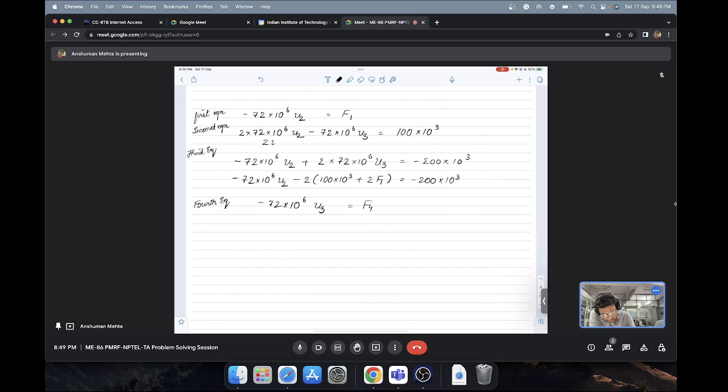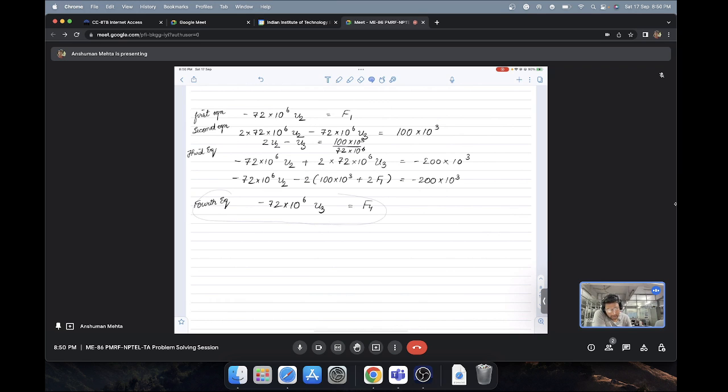So 2 u2 minus u3 is equal to 100 into 10 raised to power 3 by 72 into 10 raised to power 6.